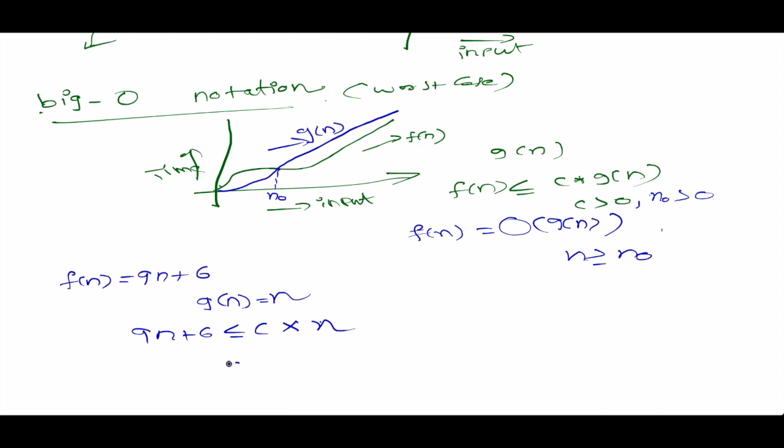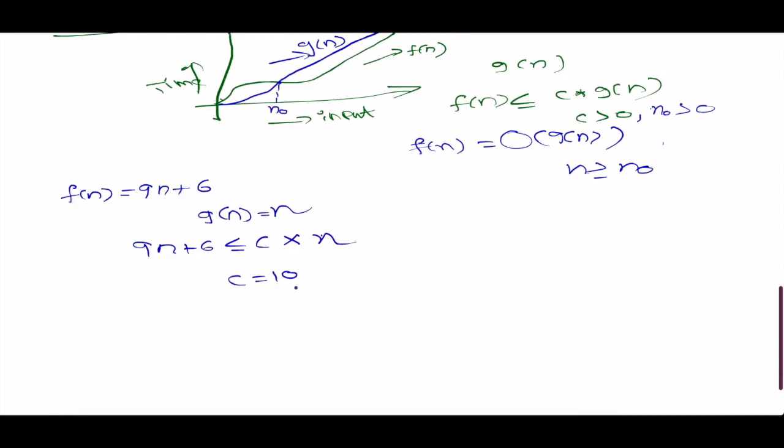Now let's take c as 10. Based on our condition, c should be greater than 0, so it can be any value. So I took it as 10, right? So now substitute that: 9n plus 6 less than or equal to 10n, right? So now 6 greater than or equal to n, right?